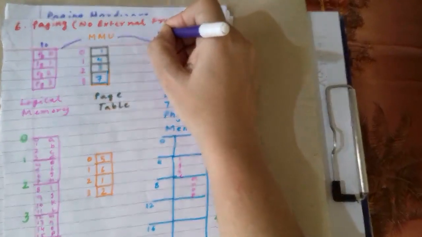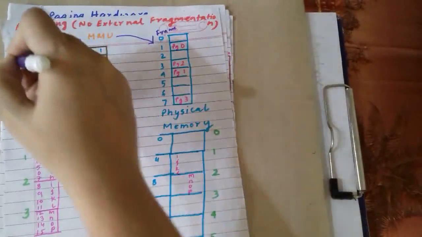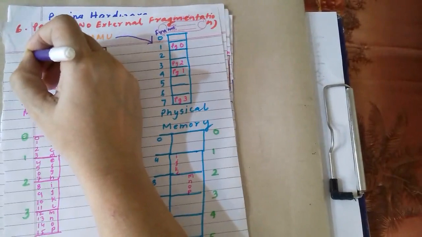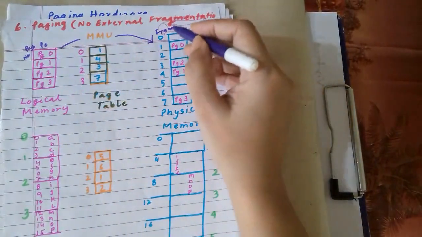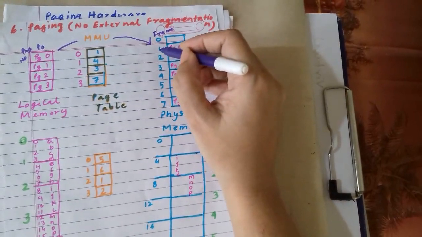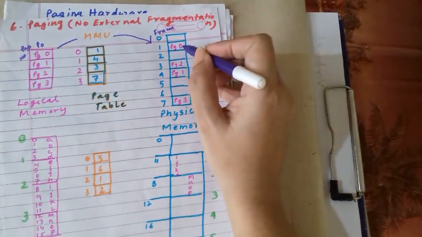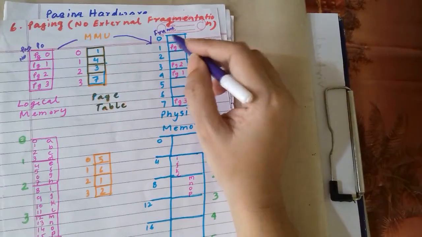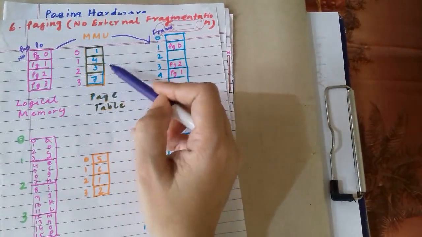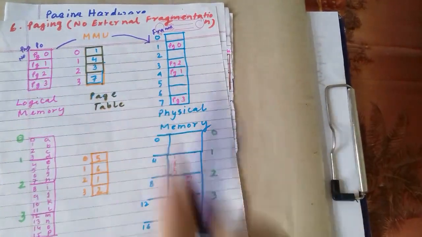This is your frame number and this is your page number: pages 0, 1, 2, 3 here, and frames 0, 1, 2, 3 up to 7 here. With the help of the page table, the memory management unit shows us the mapping of which page is stored in which frame.